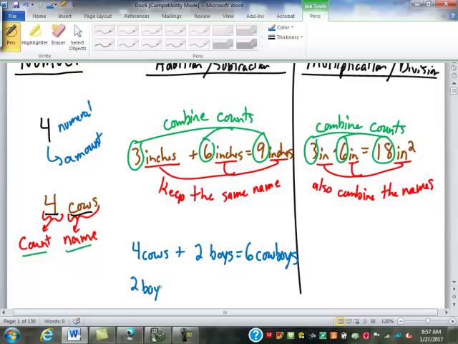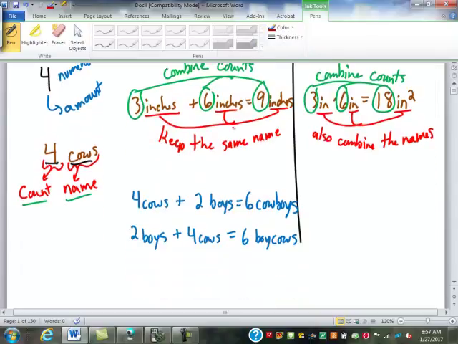Or since we're going down that path, let's try it the other way. If I have 2 boys plus 4 cows, do I get 6 boy cows? No. Obviously not, right? Anybody with a farming background in here? A few of you? You can tell me that that's a whole bunch of bull, right?